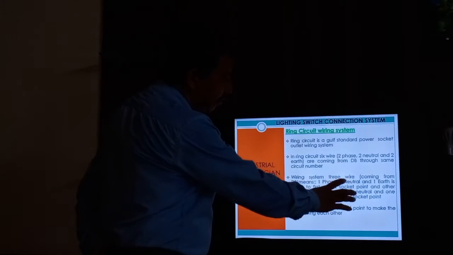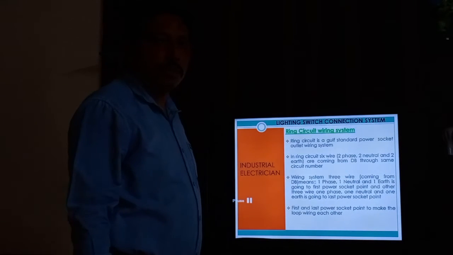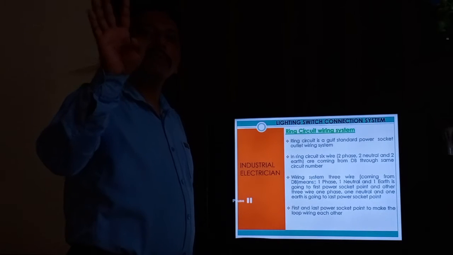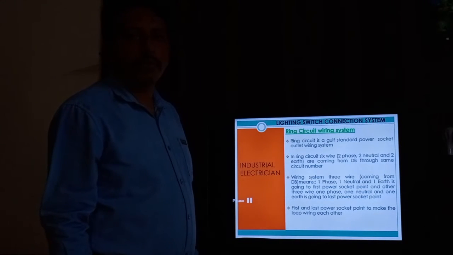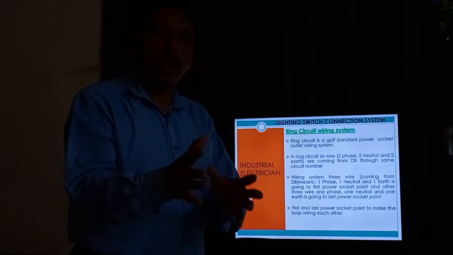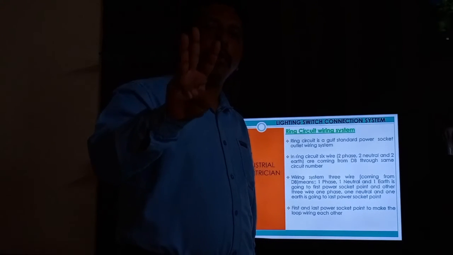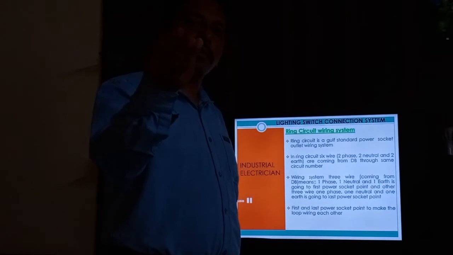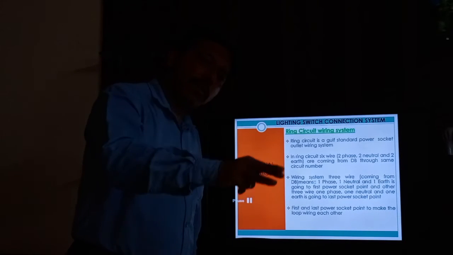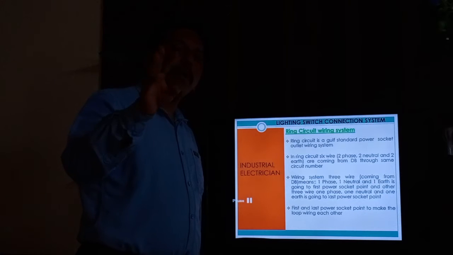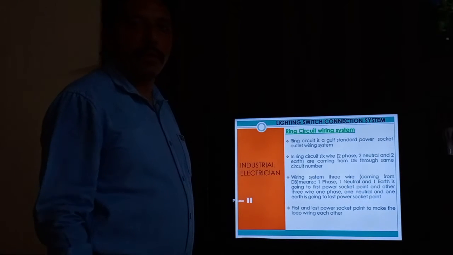And the other wiring system is this. From the DB, 6 wires always come in a ring circuit, but in normal wiring only 3 wires come from the DB: phase, neutral and earth. If you make ring circuit wiring, that time 6 wires come.